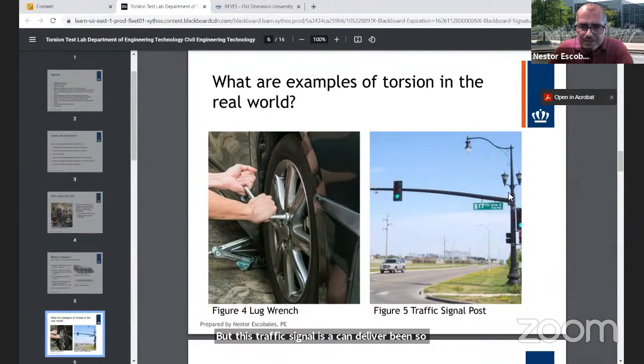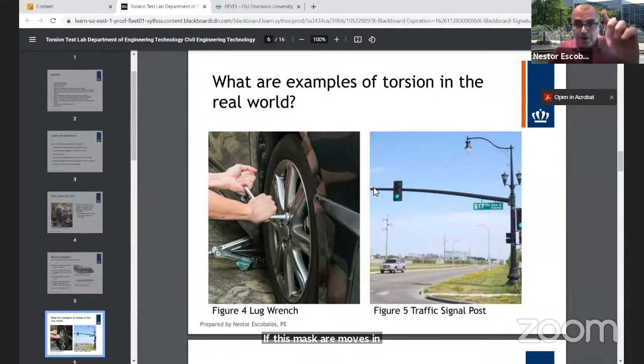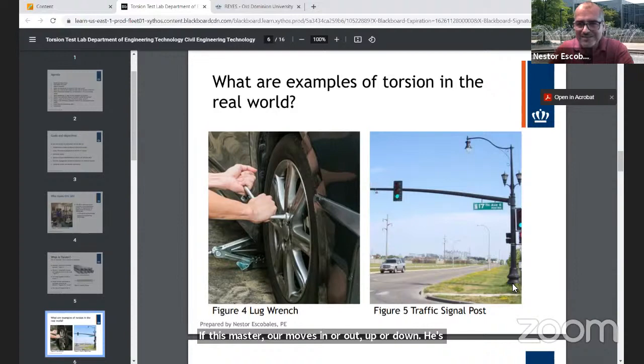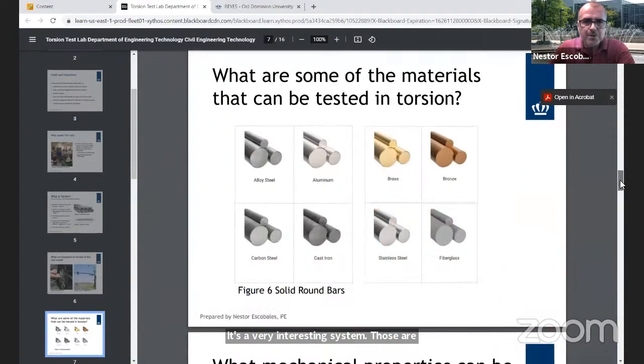So there is a moment connection here, and there is a fixed connection there. If this mast arm moves in or out, up or down, it is going to generate torque and bending. So it has combined axial, bending, and torsion. It's a very interesting system. Those are examples of torsion.